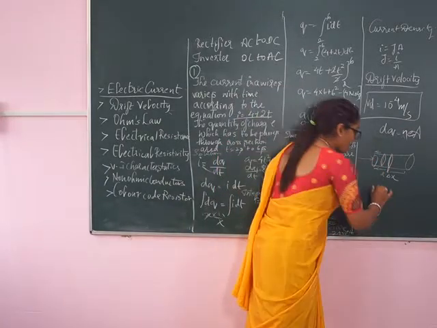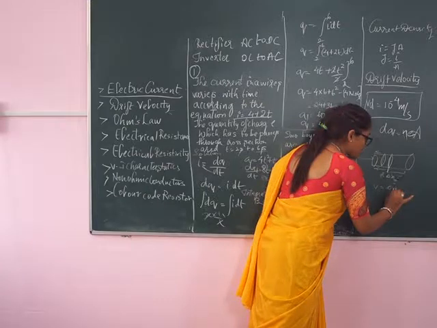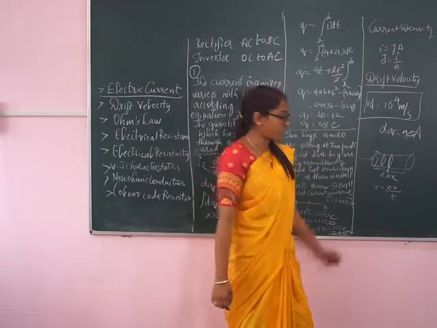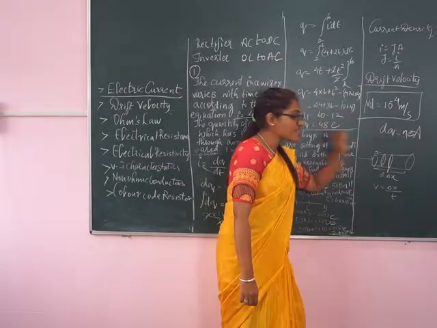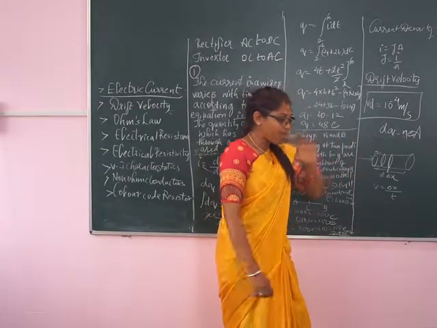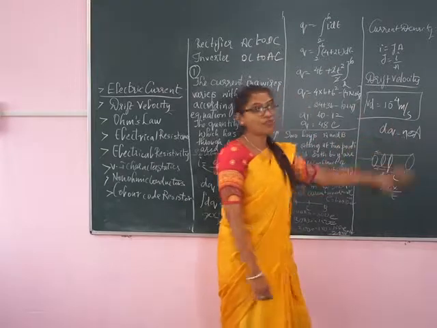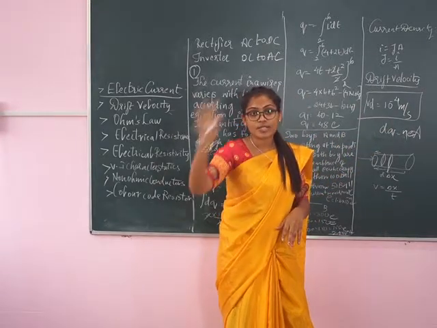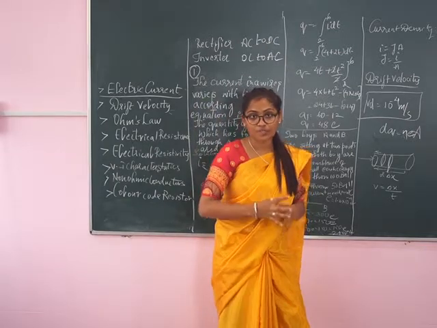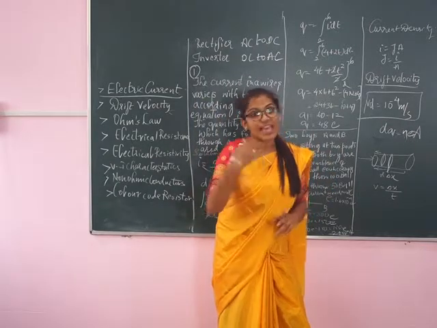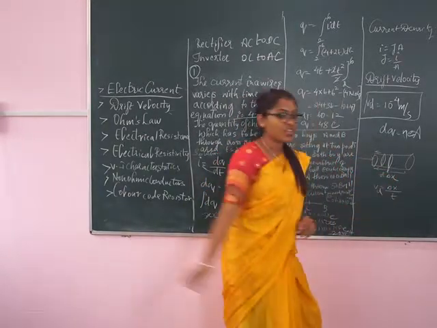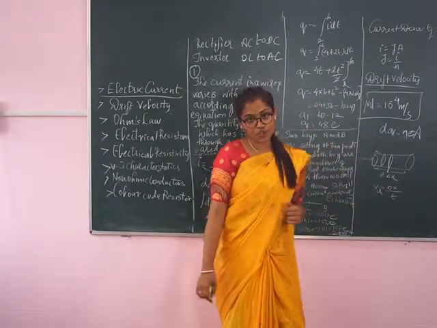We know that velocity is equal to displacement by time taken. Here I am not considering a single electron, but the average velocity of the electrons influenced by the electric field, which is the drift velocity.